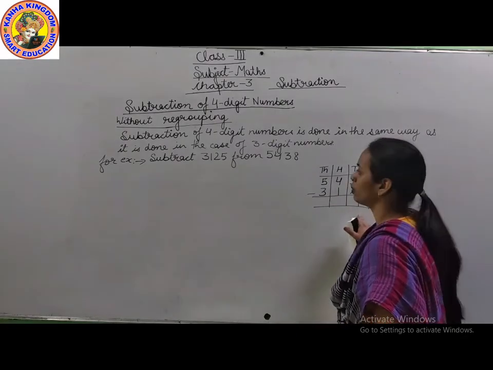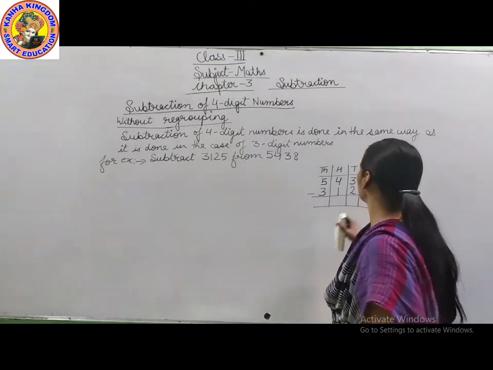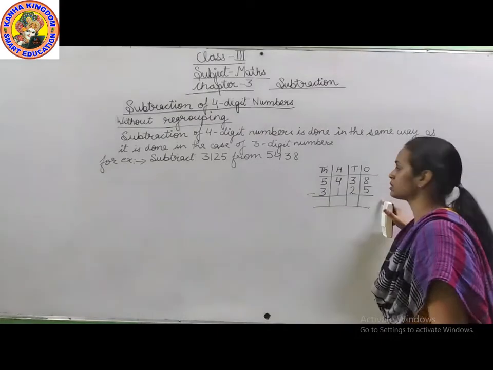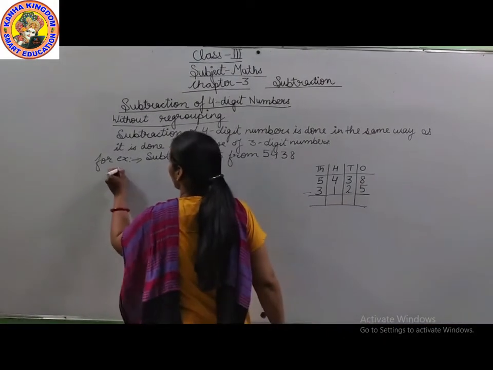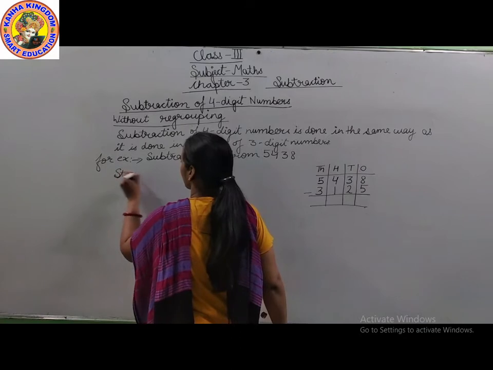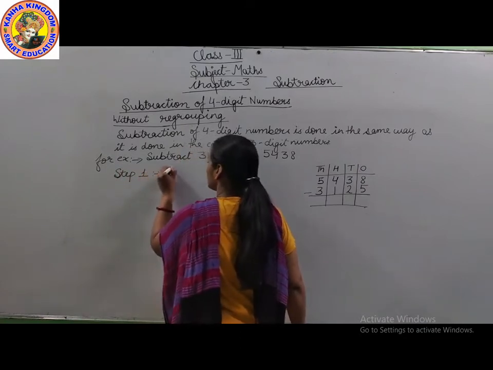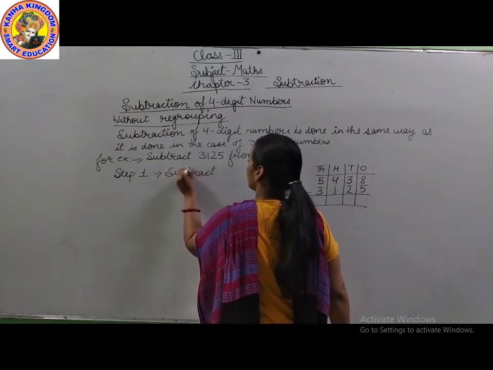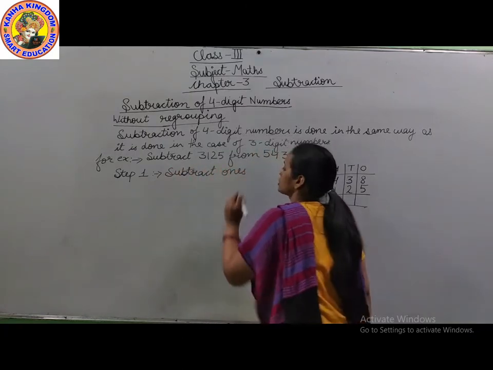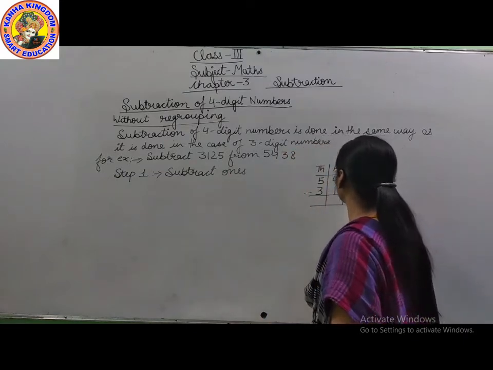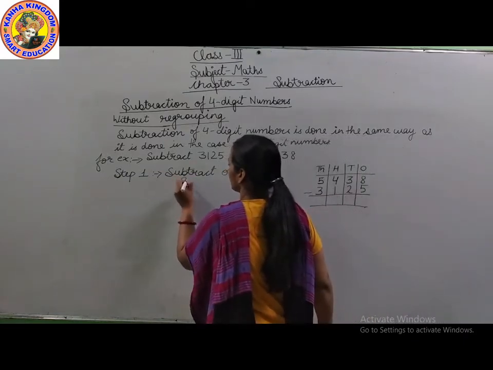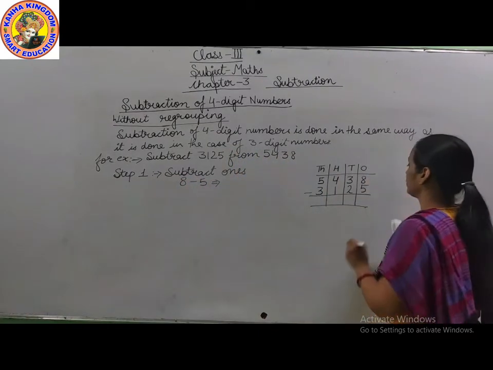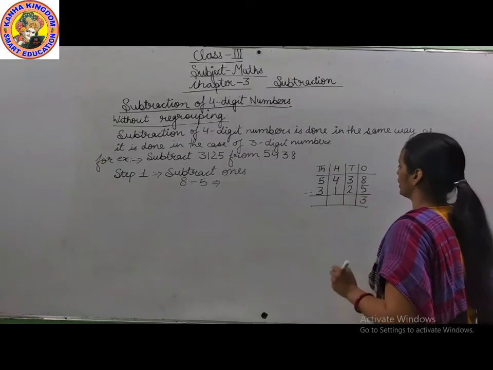So what do we have to do? First, we subtract the ones, the digit at the ones place. Step 1, subtract ones, means 8 minus 5. 8 minus 5 equals 3.